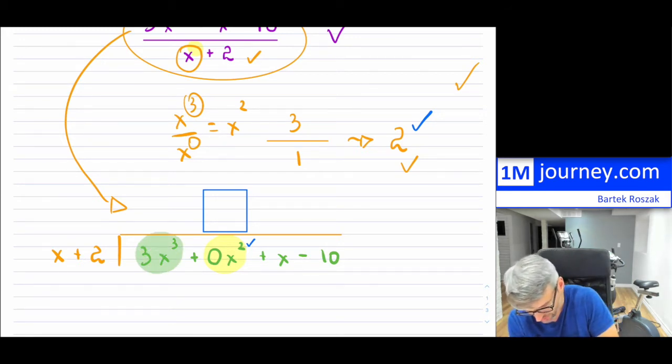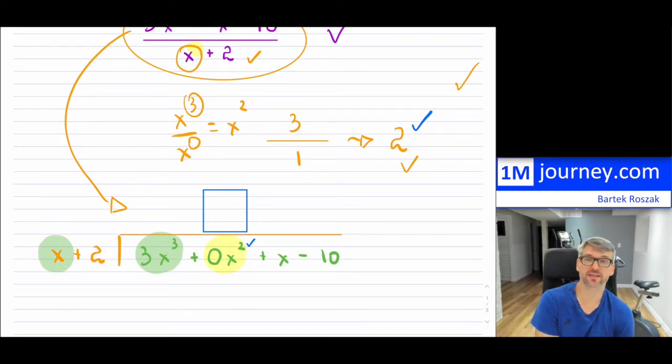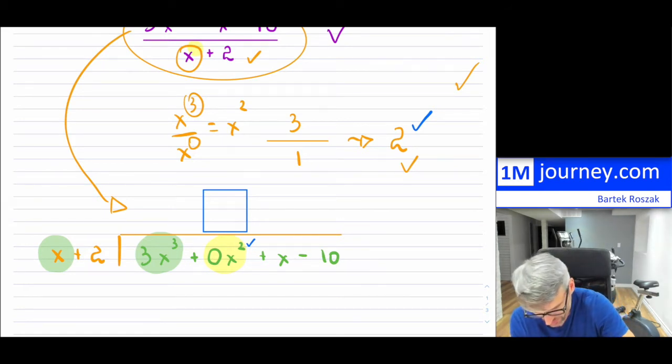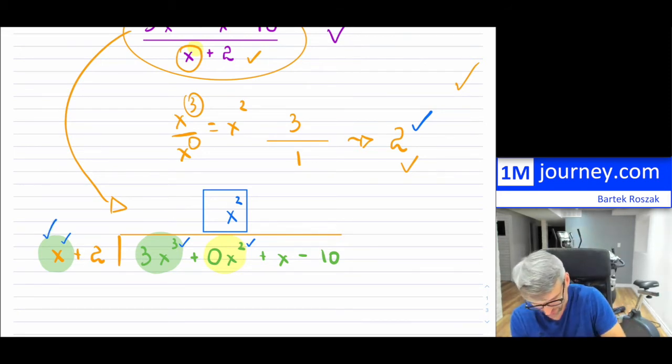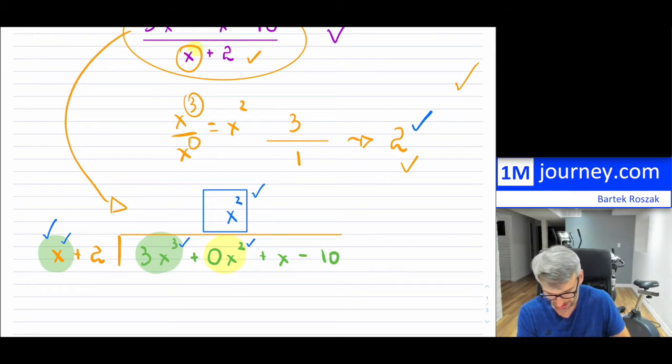And to get rid of this term, you want to ask yourself, what would you have to multiply just your leading x by to get rid of that 3x cubed? So you have to match it. The first thing in terms of matching it, this is of third order, this is of first order. So to get it to the third order, I will have to multiply it by x squared, right? Meaning, if I take x right here, multiply it by x squared, I'm going to get x cubed.